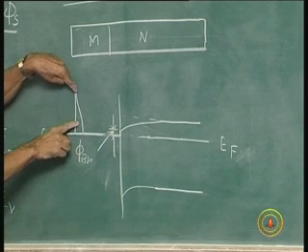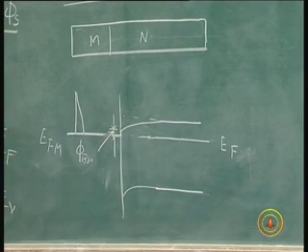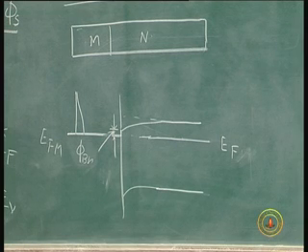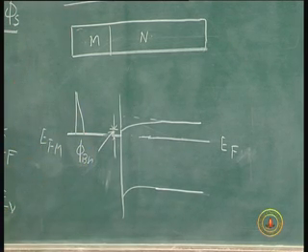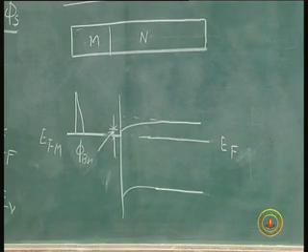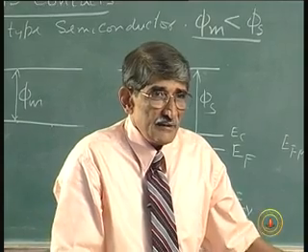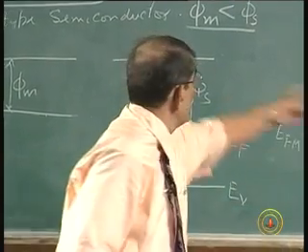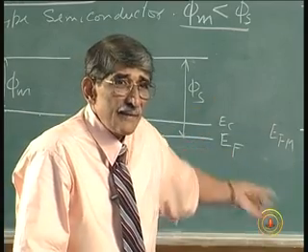So many of them are above that barrier. You can immediately say that it is a very poor rectifier, an ohmic contact. Okay. So, that is the stretching, whatever we have been telling earlier: as phi b n becomes smaller and smaller, it becomes ohmic. So, it need not necessarily be phi m less than phi s, it can still become ohmic, but when it is less than that, it is definitely ohmic.